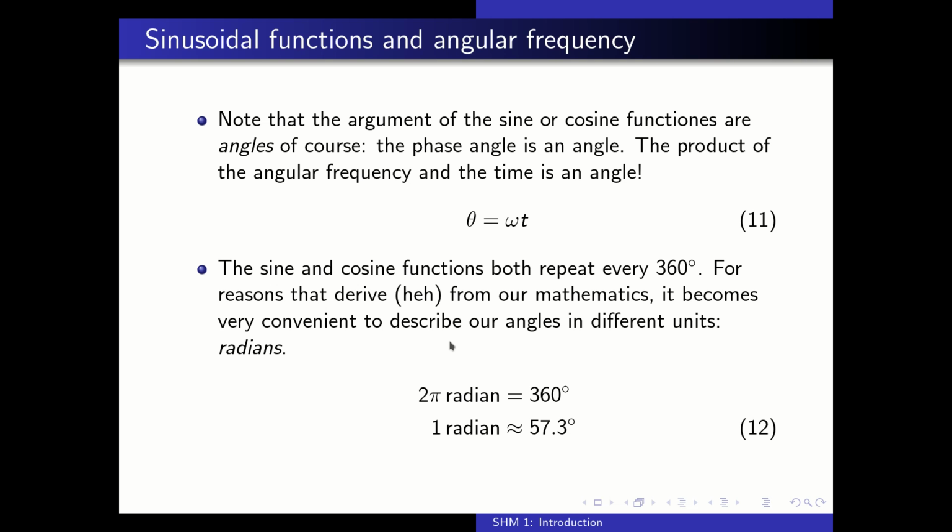One radian is an angular unit. So 2 pi radians is a full circle. 2 pi radians is equal to 360 degrees, so that 1 radian is about 57.3 degrees. Radians are going to end up being the natural unit, and by natural I mean a very appropriate unit that derives from our mathematics.